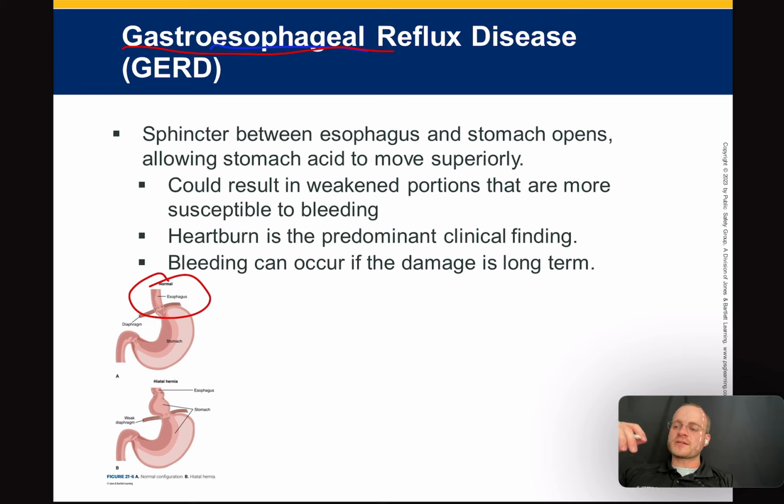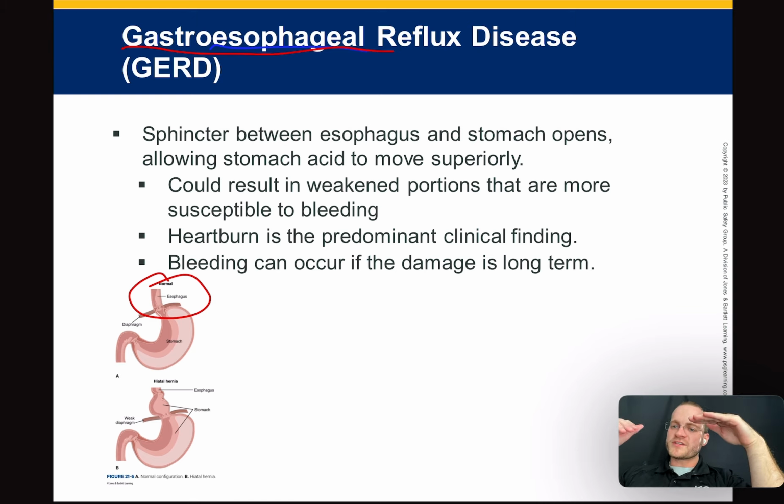And so normally we're supposed to have this sphincter between the esophagus and the stomach. When we swallow, this sphincter should open up and then close back as soon as the food passes. Well, what happens is people, for a variety of reasons, eat too much, or there's another pathology we'll show you, that cause this muscle to become incompetent, right? So it doesn't work very well.